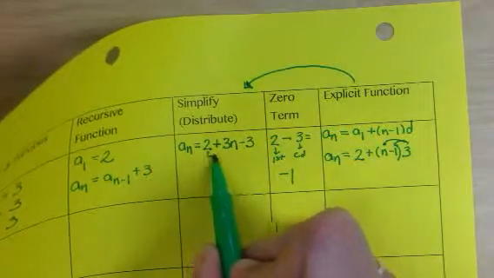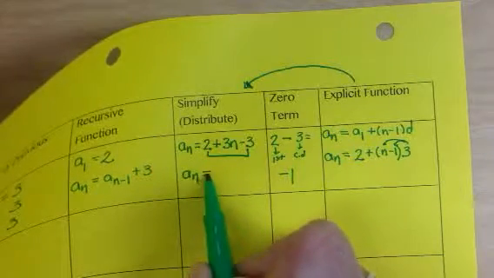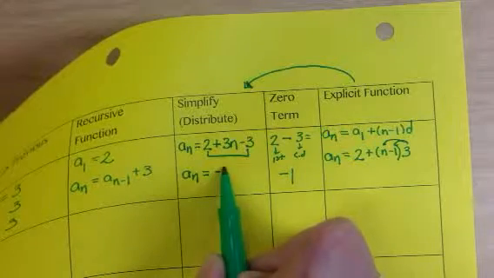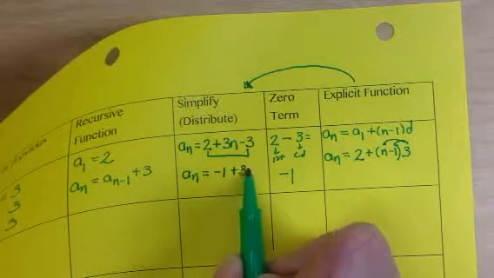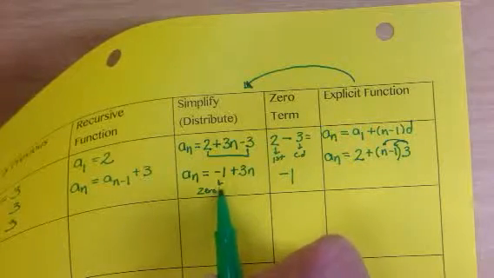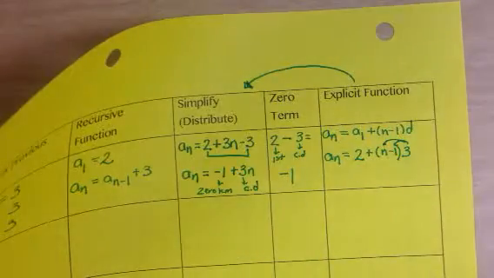Combine like terms, we're going to combine our numbers. A sub n would equal 2 minus 3 would be negative 1 plus 3n. So here is your 0 term, and here is your common difference.